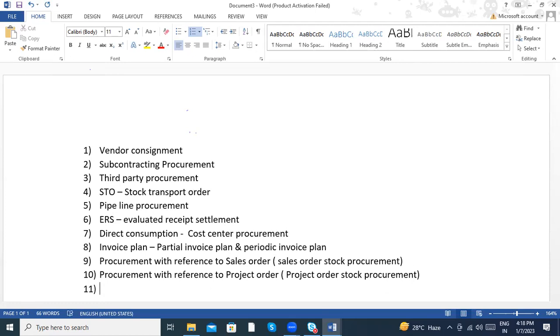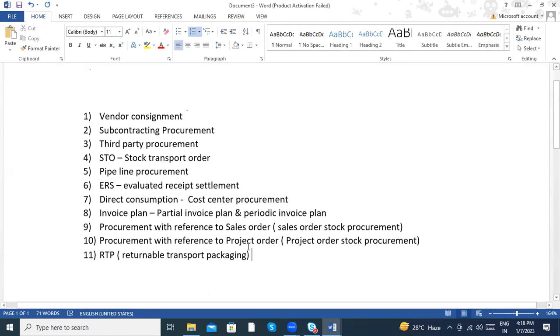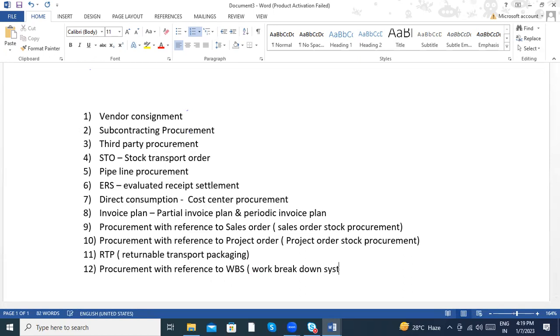Then we have RTP, returnable transport packaging, and we can also buy with reference to maintenance order. Project systems, PS: procurement with reference to WBS elements or work breakdown.